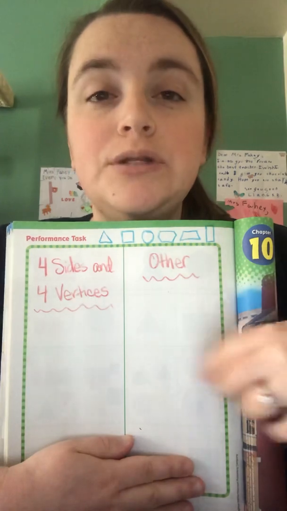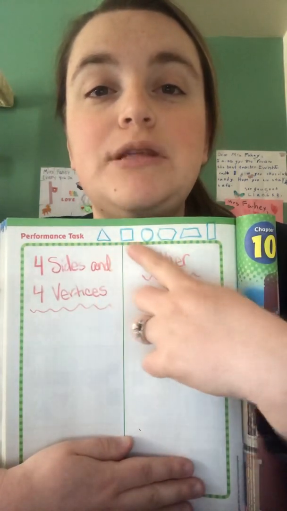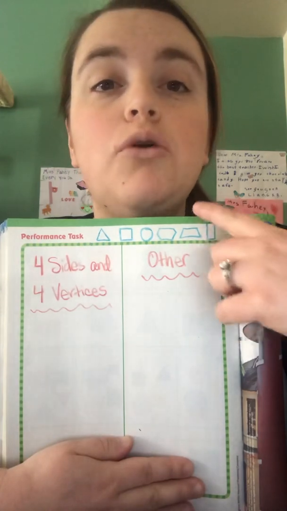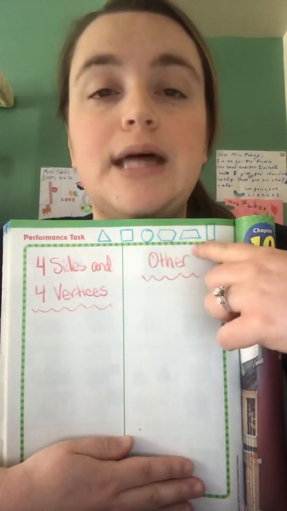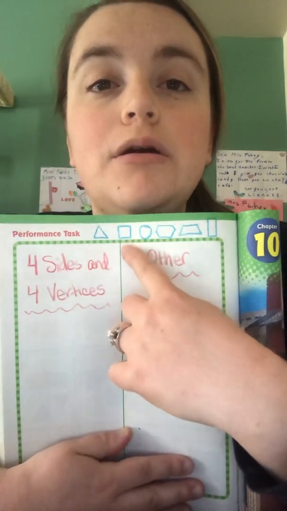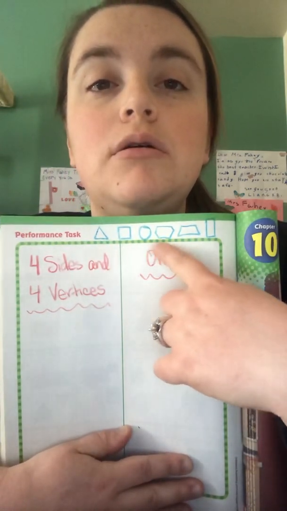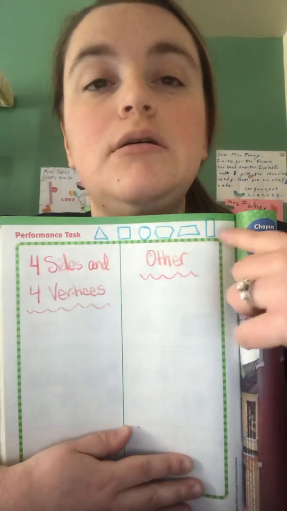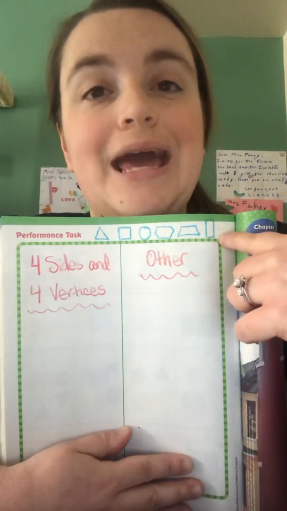And to help us, boys and girls, I actually put the shapes that we've learned about at the top. You can cross them off as you use them. So we have a triangle, a square, a circle, a hexagon, a trapezoid, and a rectangle.